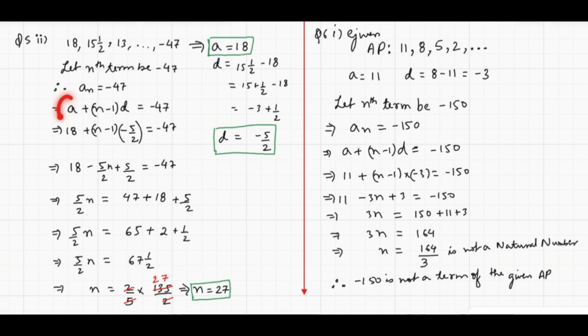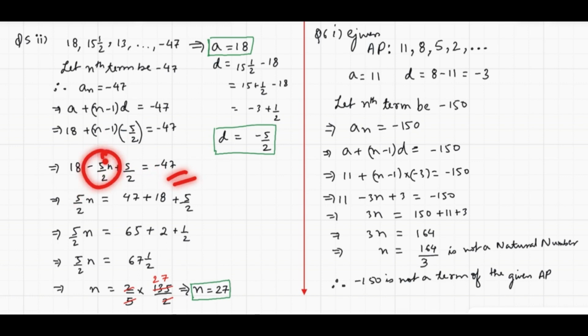Now replacing the value of A by 18 and d by minus 5 by 2, we get 18 plus minus 5 by 2 multiplied by n is minus 5 by 2 n, and minus 5 by 2 multiplied by minus 1, we have plus 5 by 2, is equal to minus 47.